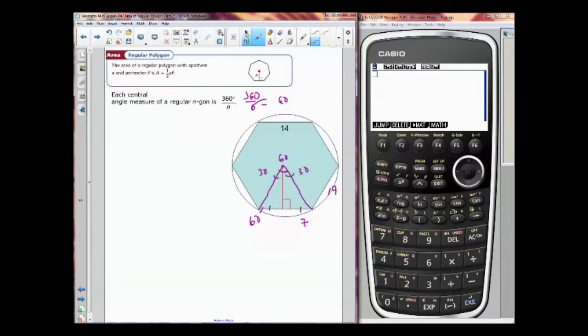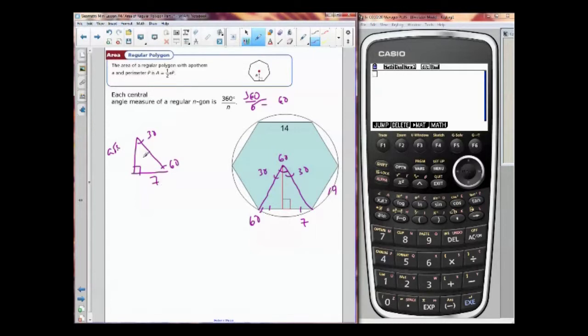But what we're going to do right now is draw my 30, 60, 90. So this is my 30, this is my 60, and this is my 90, and this side is 7. If you remember on your special rights, and it's on your EOC formula charts, opposite my 30 is a, opposite my 60 is a radical 3.